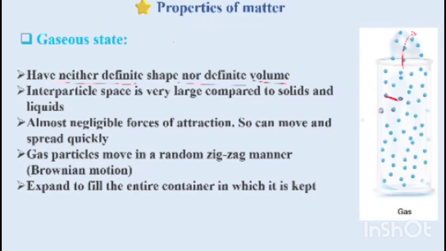In a solid, there is definite shape, size and volume. In a liquid, there is no definite shape, but there is definite volume. In a gas, there is no shape nor definite volume. I can't say 1 liter of gas or 1 gram of gas. There is no specific volume.